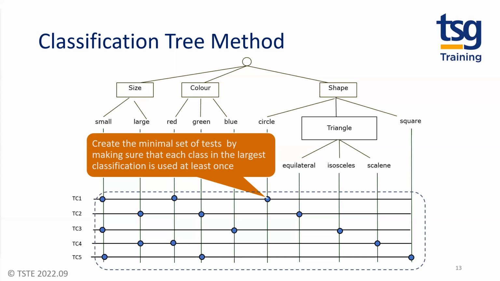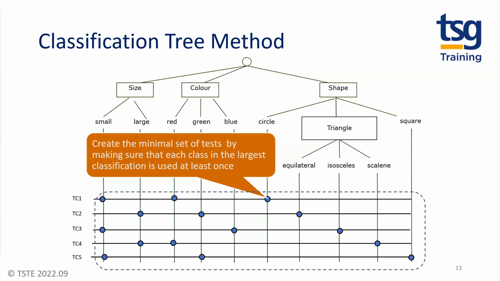The maximal set of tests is created by making sure that all the permutations of combinations of classes in the top level classifications are used at least once. All the permutations. So the maximum number of tests required can be calculated by multiplying together the classes under each classification.